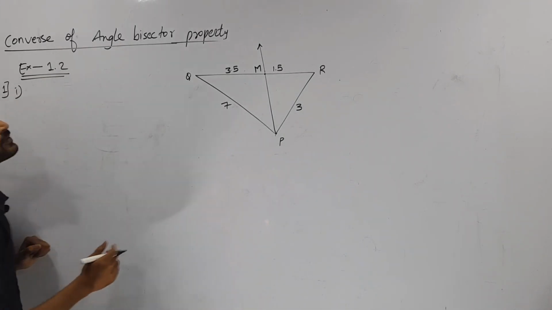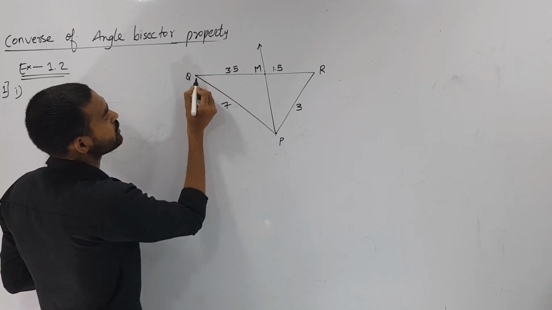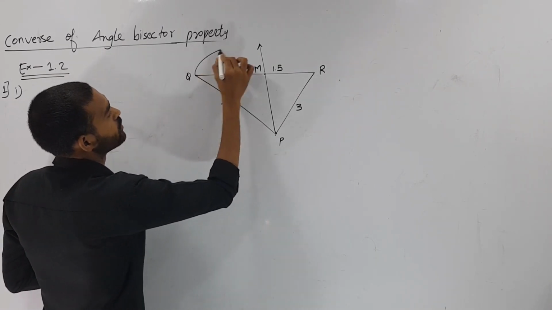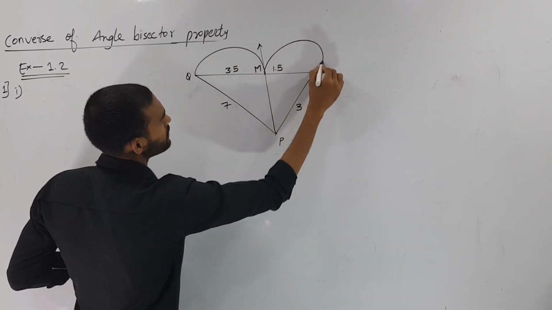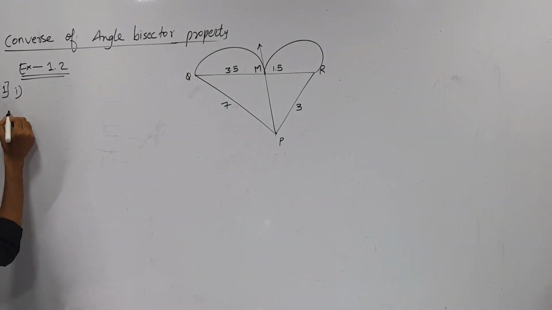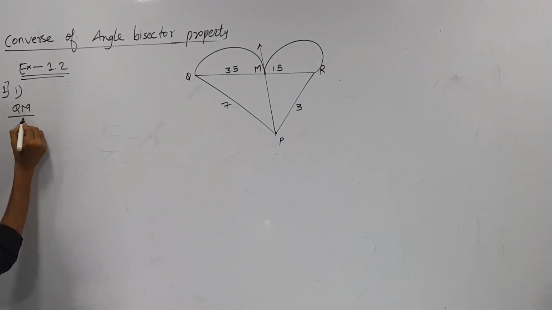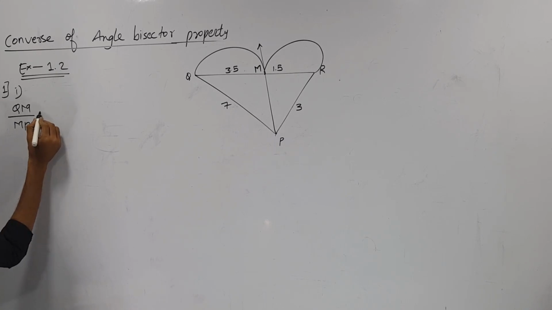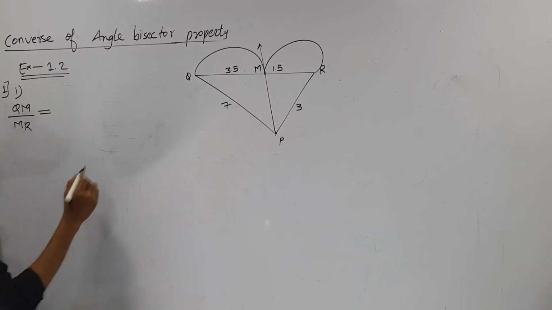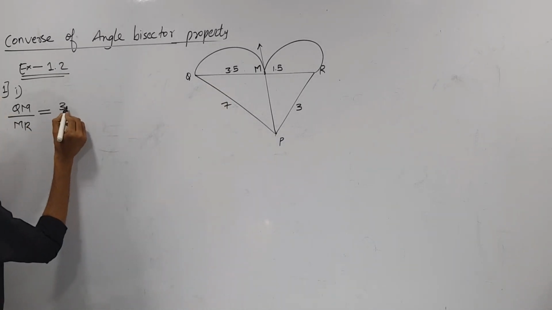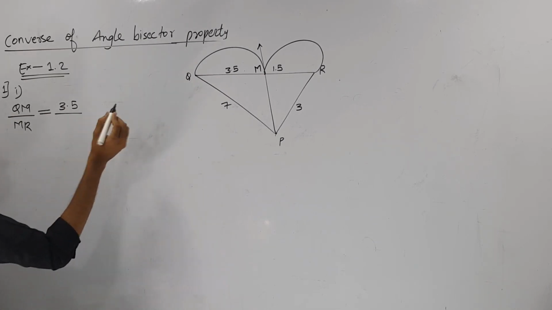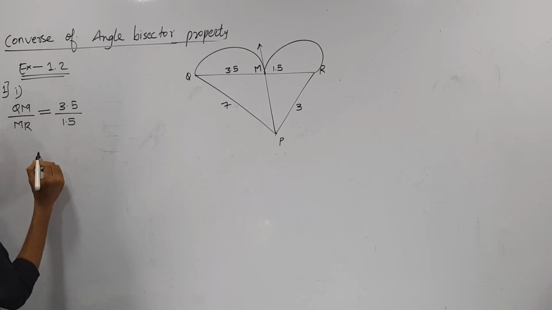Let us start. Let's say we are starting with Q. QM upon MR is equal to, substituting values, QM is 3.5, MR is 1.5.